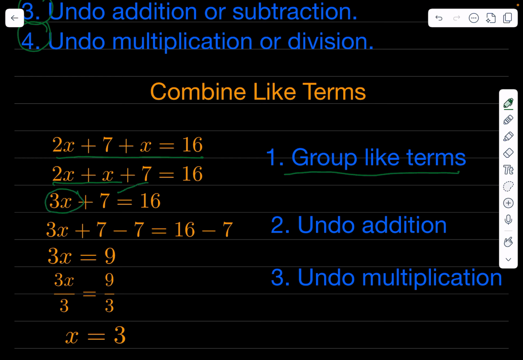We'll bring our 7 down, and now we have 3x plus 7 equals 16. That is now a 2-step equation, which we know how to do. We've got an addition, so we're going to subtract both sides. So, minus 7 here, minus 7 here.